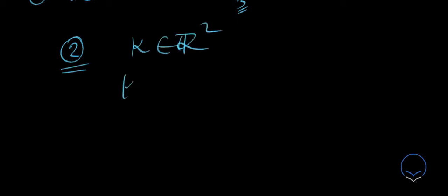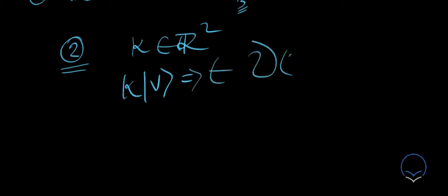What about the second one? The second one is pretty easy. Let's take any k that belongs to R, and if you multiply k with v, this also belongs to the vector space, that is our xy plane.